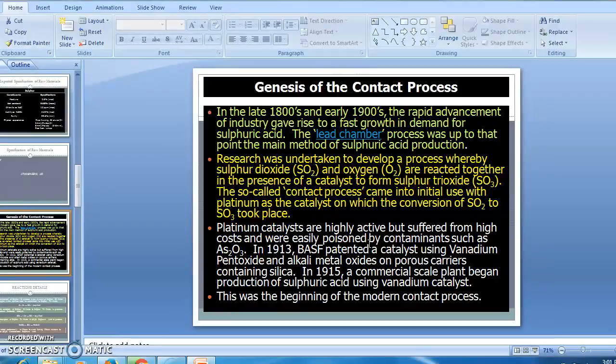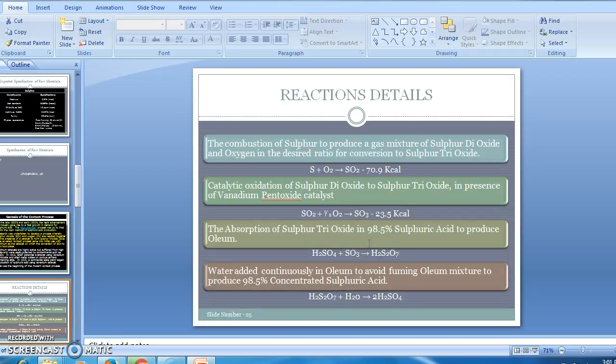Okay. So this is the flow, but in this particular flow sheet we are only looking at the one part which is sulfur going to SO2. These are the reactions: the first for SO2, second for SO3, third for H2SO4, and so on.